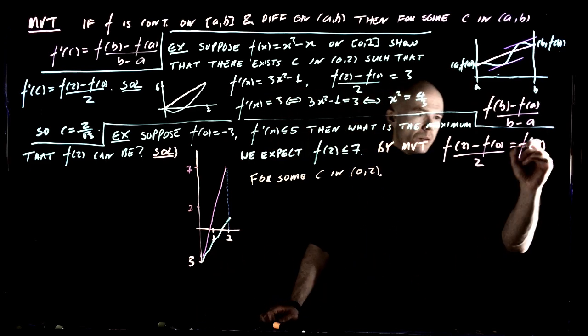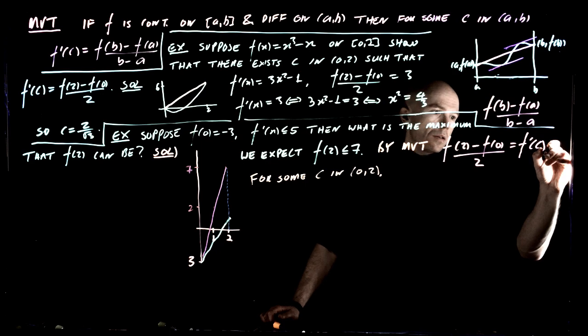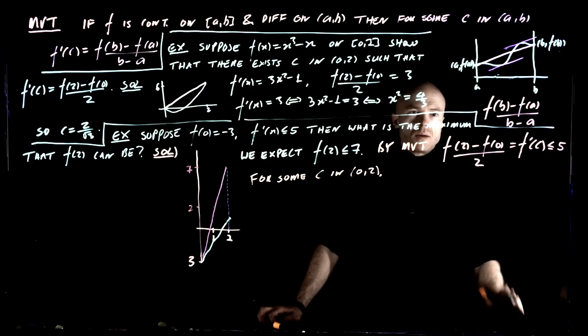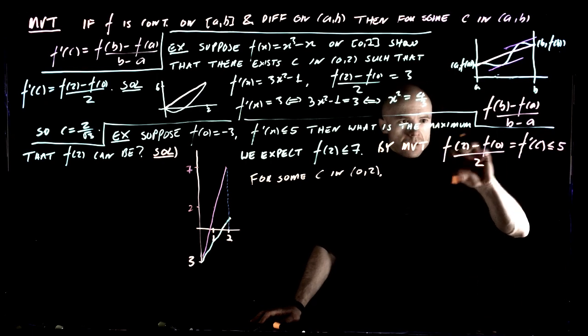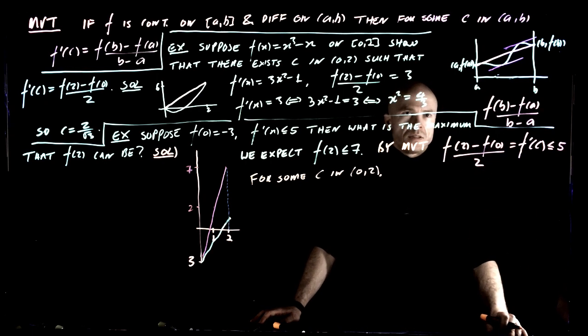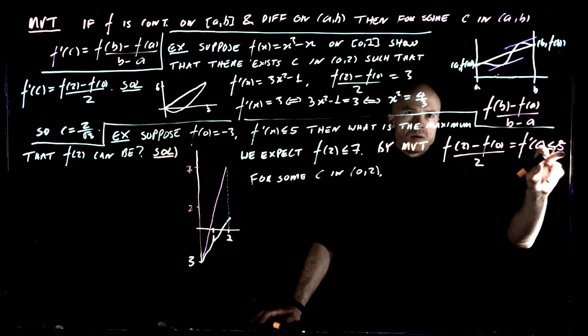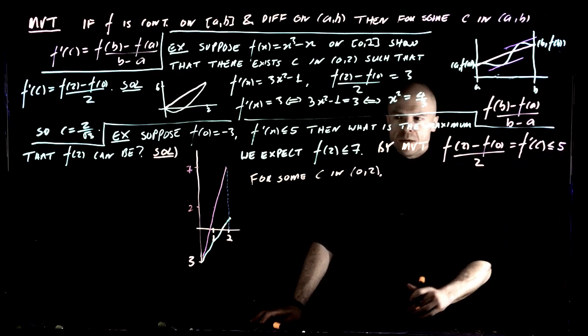Yeah, but f prime of c is always got to be less than or equal to 5. So from this line here, we are reading off what we can do to explicitly get the upper bound, because all we need to do is multiply both sides by 2 and put this f of 0 on the other side, and we're fine, right?